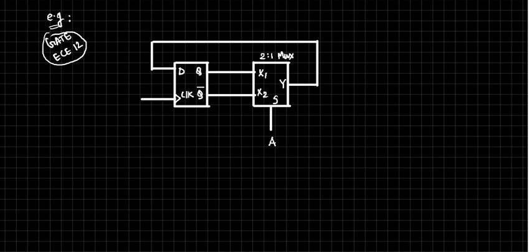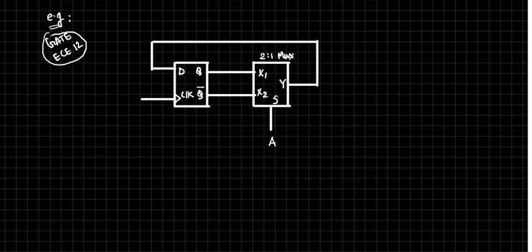Can you draw a state diagram for this? The output or the states of this edge triggered D flip-flop was dependent on the multiplexer behavior also, right? So the states would change depending on what has been selected, right? You may assume some previous states, so Q may be 0, Q bar may be 1, and so on.